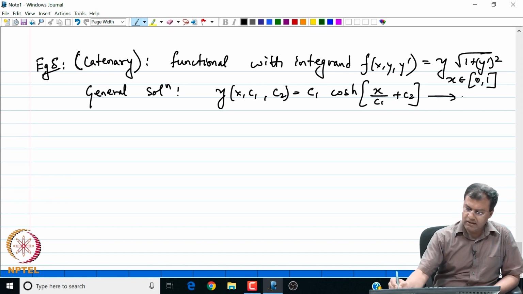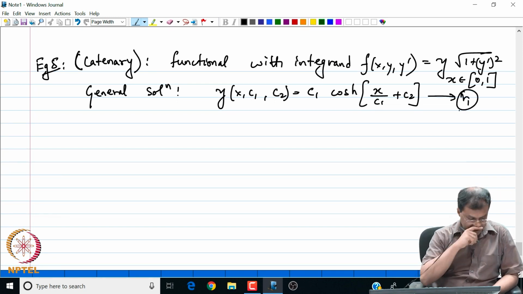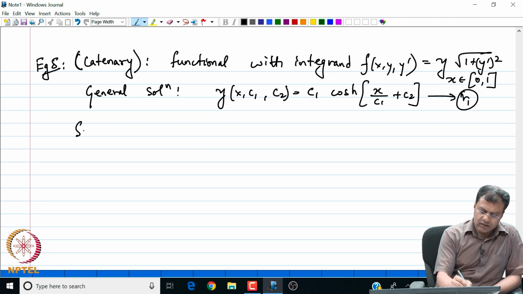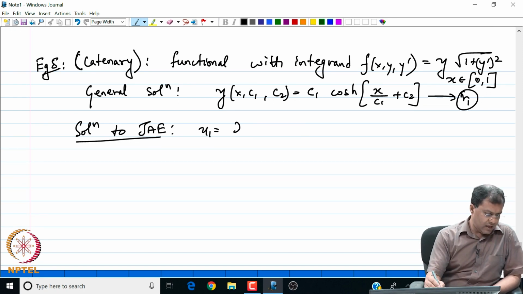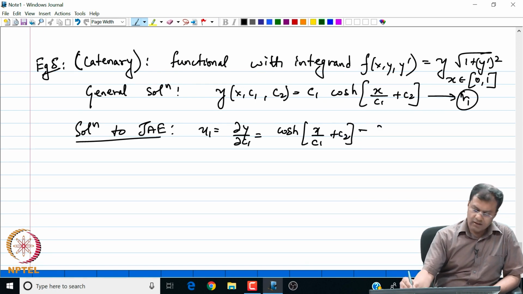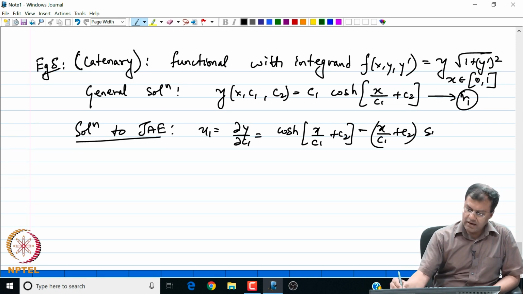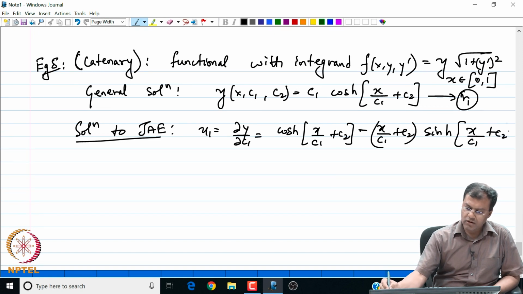Let me call this R1 because I am going to refer to it later on. The solution to the Jacobi accessory equation will be the respective derivatives with respect to C1 and C2. I see that U1 is del y del C1, which gives cos hyperbolic of x by C1 plus C2 minus x by C1 plus C2 times sin hyperbolic of x by C1 plus C2.